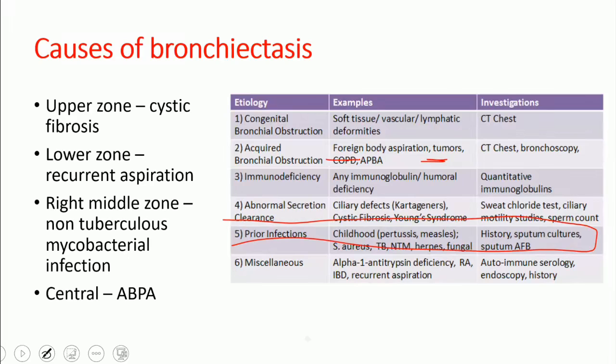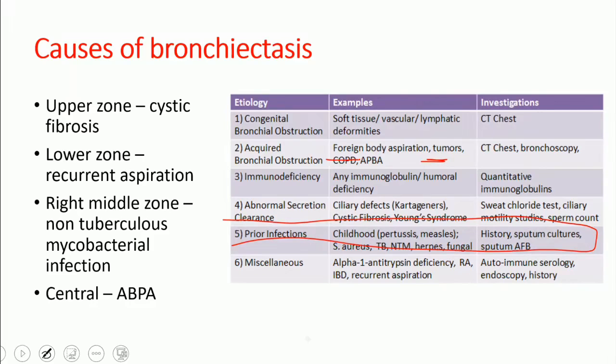And also some etiologies have certain areas that they like to affect. For example, things like TB and cystic fibrosis mainly cause upper zone bronchiectasis, right? And bronchiectasis secondary to non-tuberculous mycobacteria is mostly right middle zone. We talked about allergic bronchopulmonary aspergillosis as a cause of asthma exacerbation, and that is a cause of central bronchiectasis, close to the hilum.